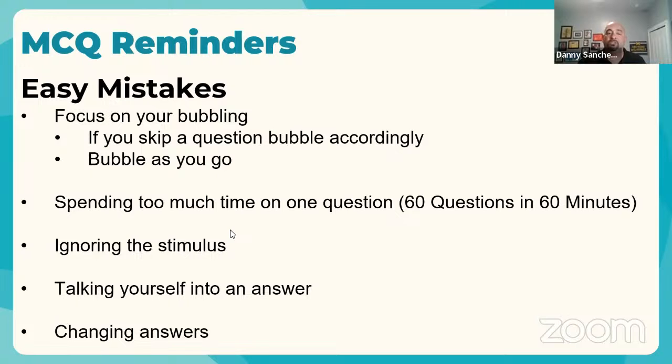That's when I'll give you permission to make a change. But if you've answered it and you have no reason to change it other than you've talked yourself into, maybe it should be B, no, you have fallen for the trap. Move on with your life.